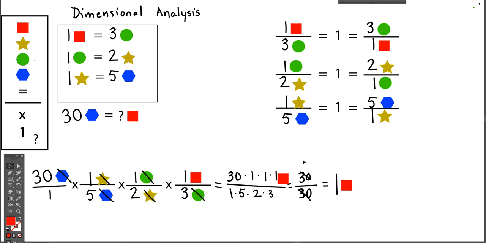For now, the expectation is when you show your work in an assessment, you need to show the conversion factors that you've used by setting them equal to 1. And then you need to show units every single step along the way. That is really, really important. Even when you're working in your own notebook and writing your own notes, get into the habit of that, because otherwise it can be really challenging to keep track of your units. Good luck.